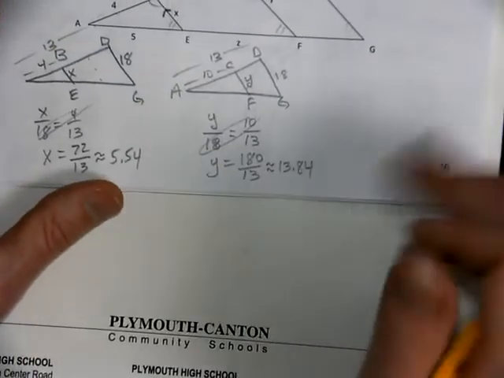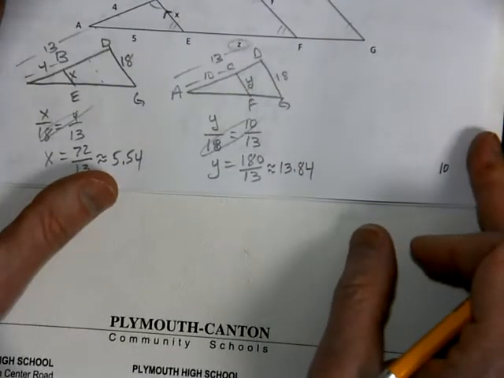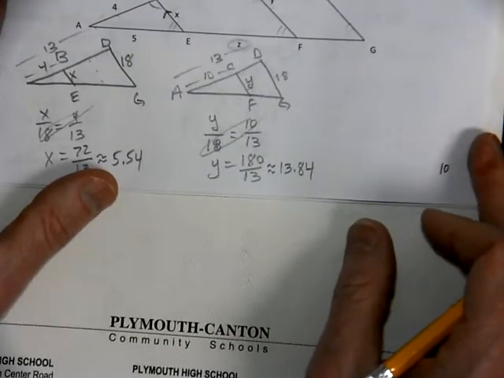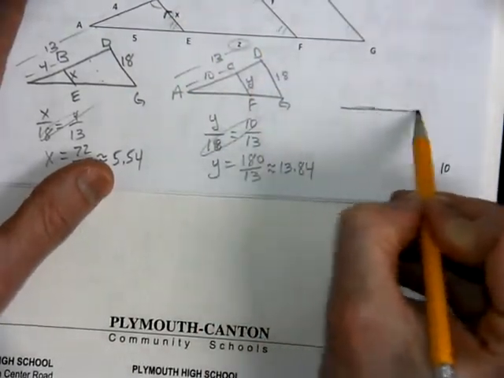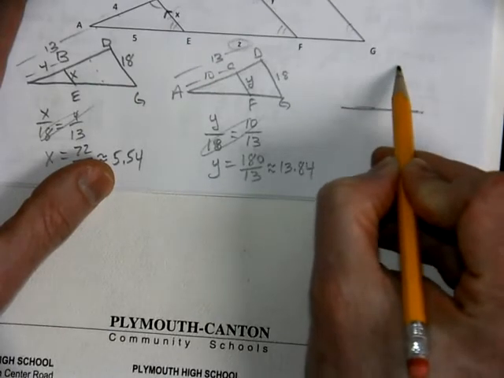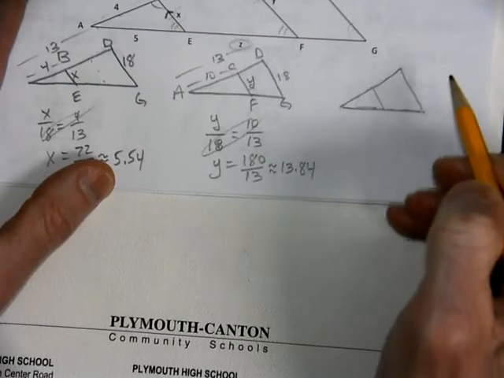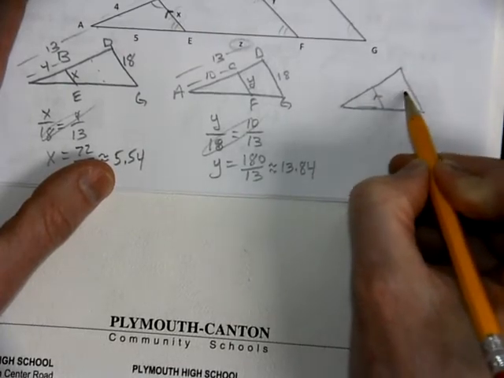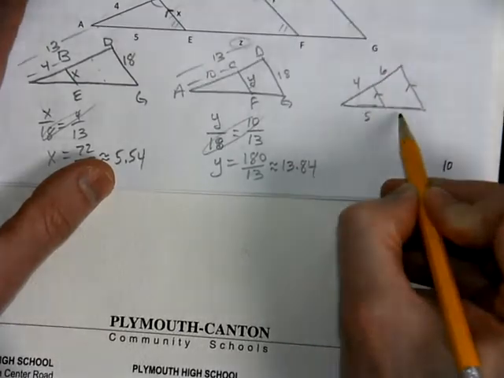And then our last one is to solve for z. If we have a pair of parallel sides, we're not using big triangle, small triangle here. We have two sides parallel with a 4 and a 6 and a 5 and a z.